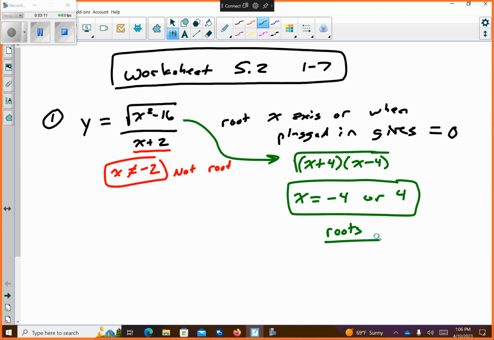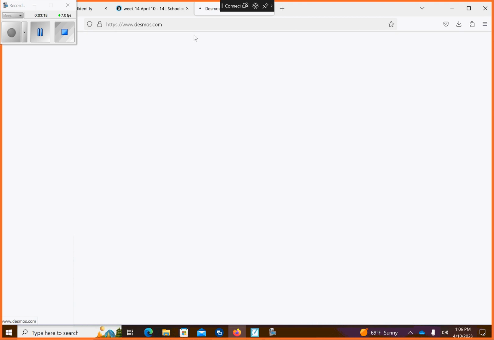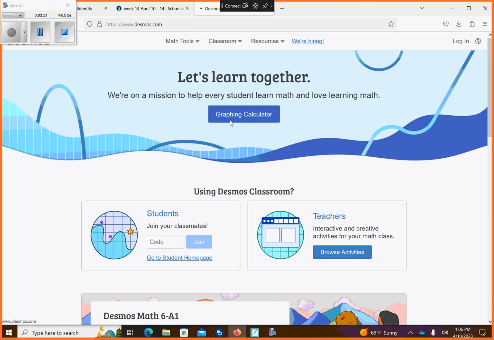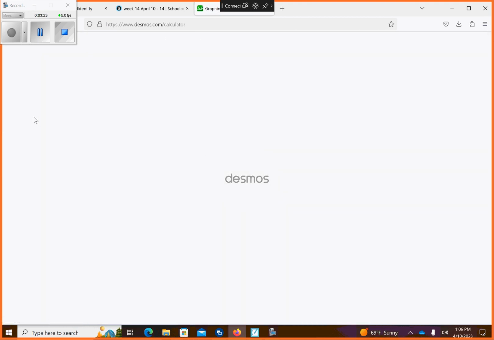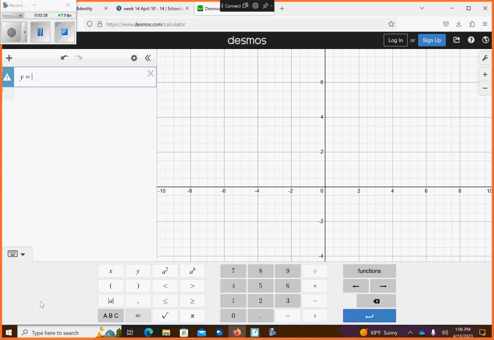So let's just for the sake of laughter take a look at it. Let's plug it in, go to our friends, the Desmos family. So I got y equals, let's do square root on top, x squared minus 16 over x plus 2.